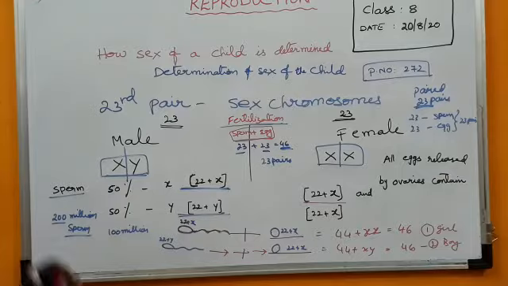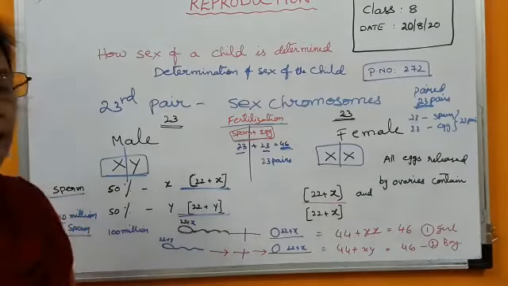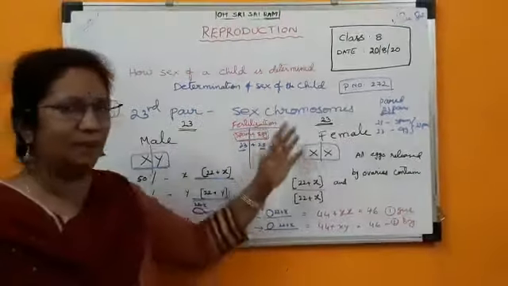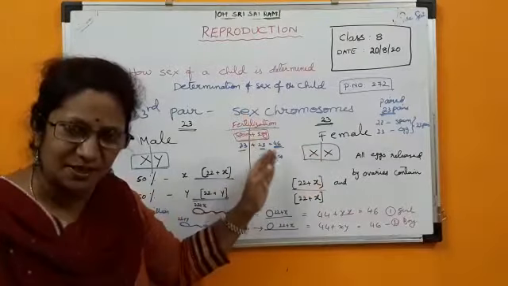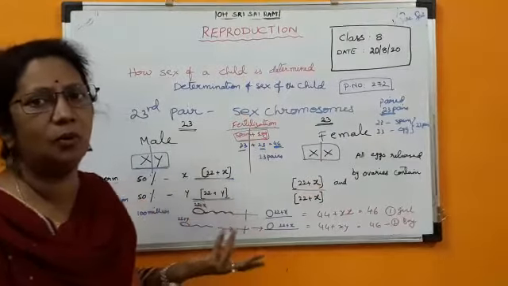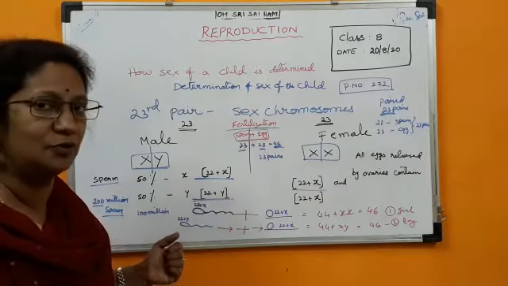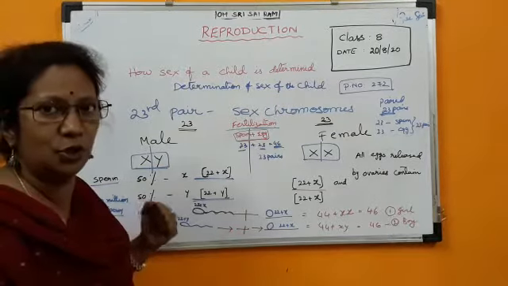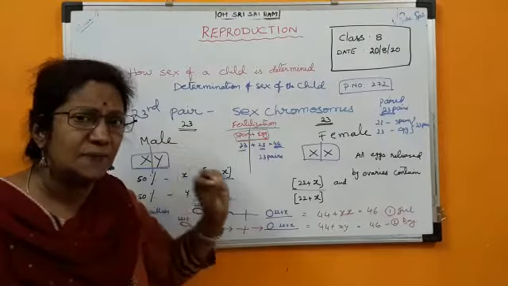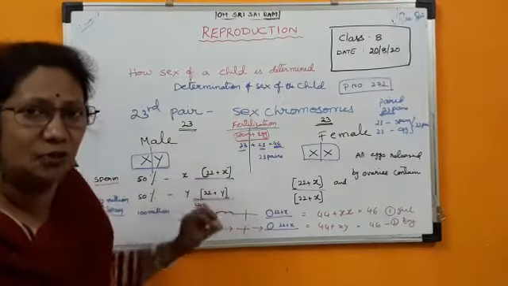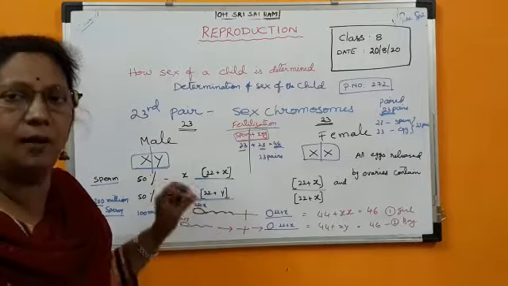Now, you have to understand one more point. Can the mother play any role in the determination of the sex of a child? No, because the mother does not have any Y chromosome. Who has the Y chromosome? The father. Irrespective of your sex, you get an X chromosome from the mother.